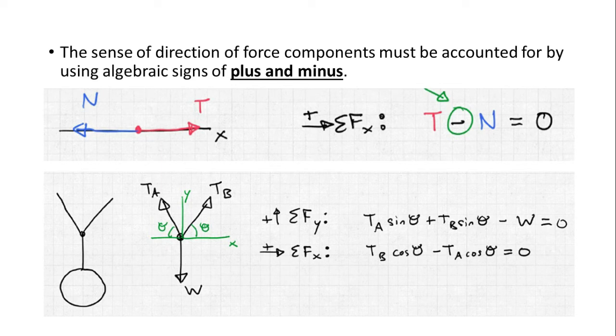sigma Fy, and we say that the positive y direction is acting on the upper side of your coordinate system. So when you do that, as you are applying the vertical sigma Fy equal to 0, you will say Ta sine theta positive, it will be one component.